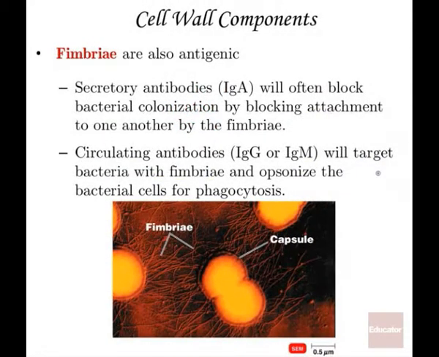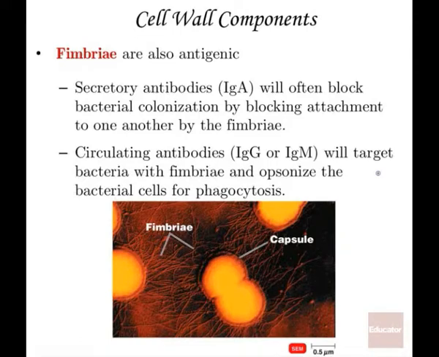Now, the fimbriae can also be antigenic, right? And so how are they antigenic? So we can have secretory antibodies, IgA, that can block bacterial colonization by blocking attachment to other bacteria by the fimbriae. Other circulating antibodies can target bacteria with fimbriae and opsonize the bacterial cells for phagocytosis.